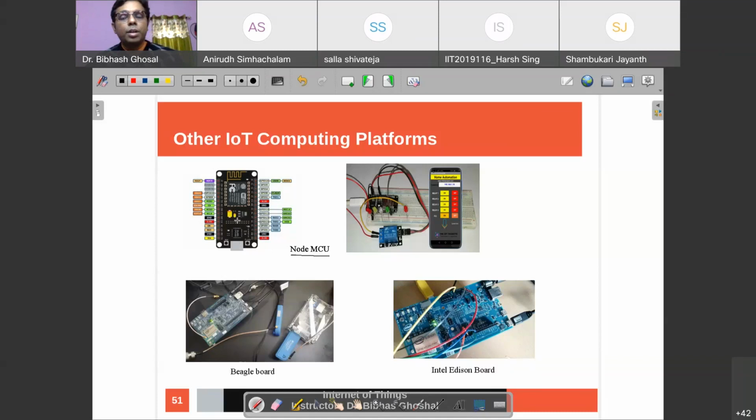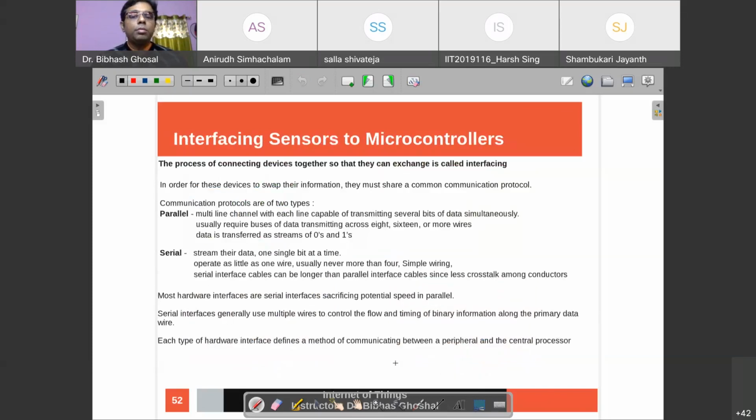There's also the Beagle board. And there's an embedded board provided by Intel called Intel Edison, which is also typically used for IoT purposes. It hosts Intel's own embedded chip for this purpose. We will be basically concentrating on the Raspberry Pi board.